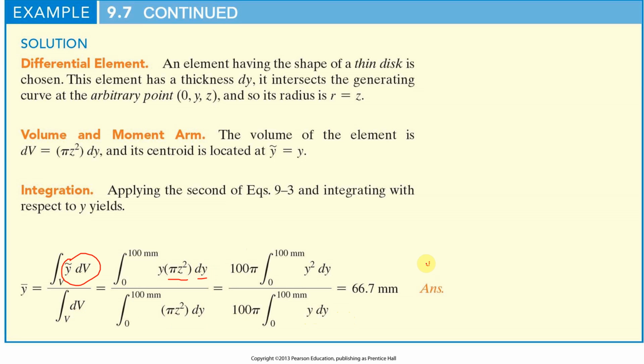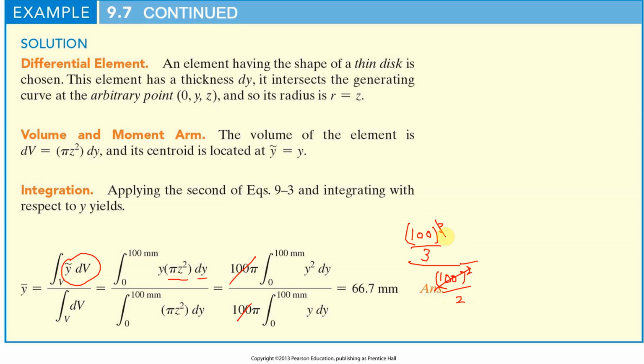So the 100 pi's cancel out. You'll have 100 millimeters cubed over 3 on the top, divided by 100 millimeters squared over 2 on the bottom.